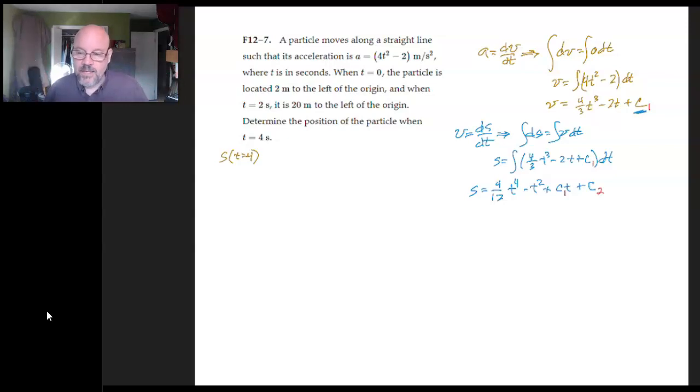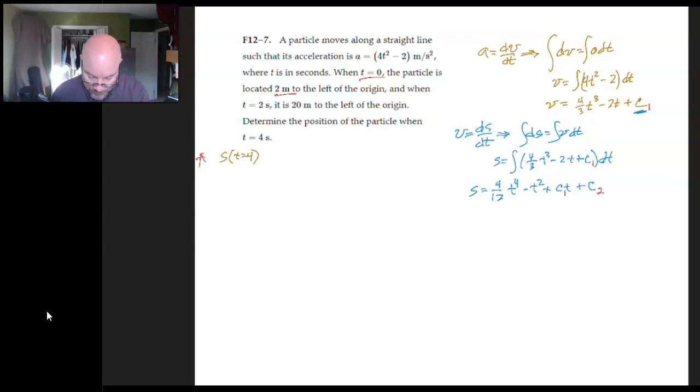So there's our function. It's got these arbitrary constants, C1 and C2 in there, and we've got to figure out what the values of those are. That way we can come back over here and plug it into our function. Let's start with the first condition. At t equals 0, the particle's at 2.